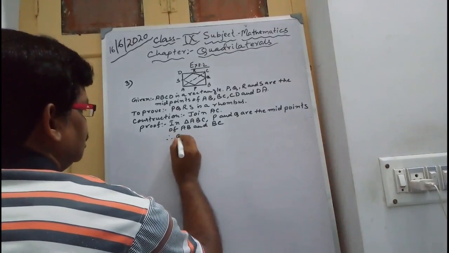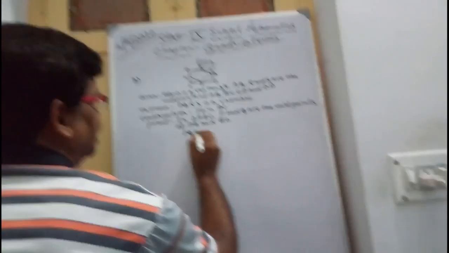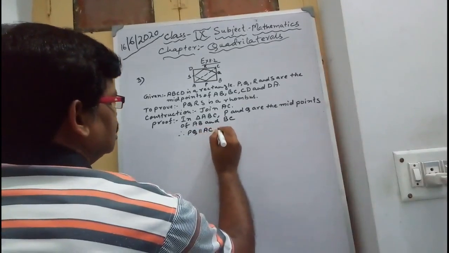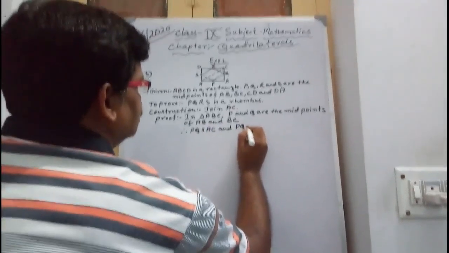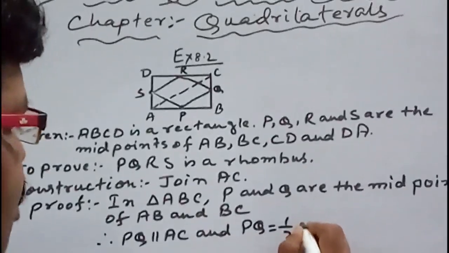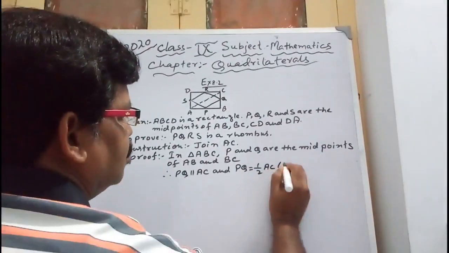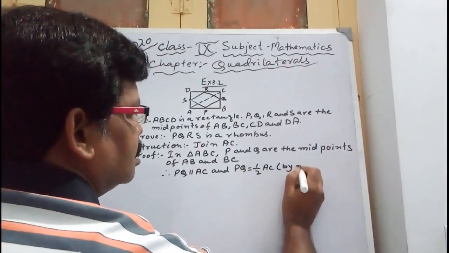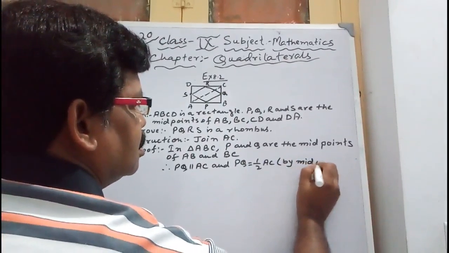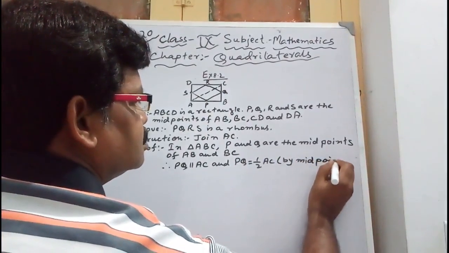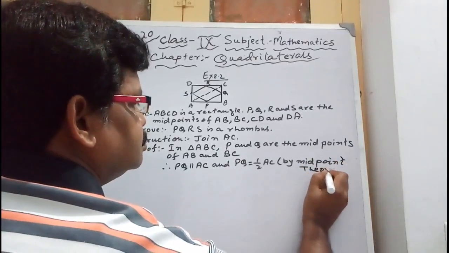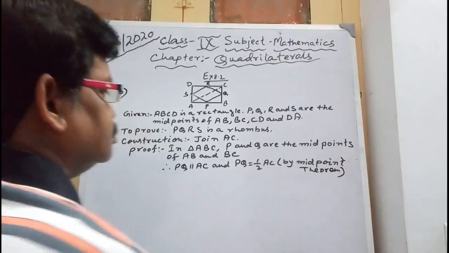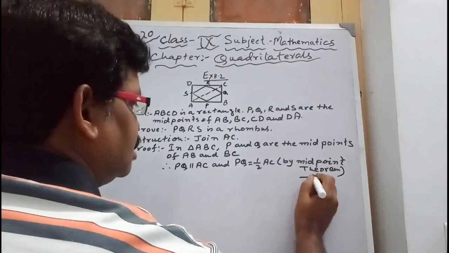Therefore, PQ parallel to AC and PQ equal to half AC by the midpoint theorem. Write that one as Roman 1.